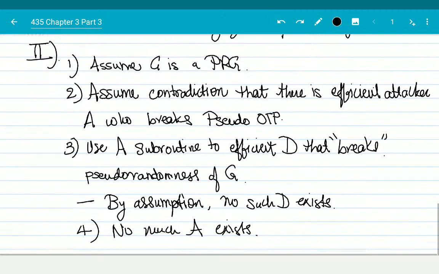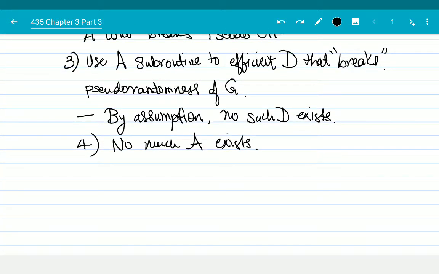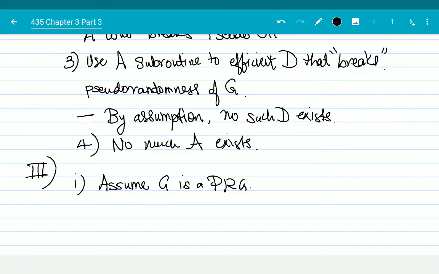Or alternately, it's just modifying this method. Method 3. One, assume G is a pseudorandom generator, PRG. So this method is a combination of both of the previous methods. Second, fix an arbitrary efficient A attacking the OTP scheme, pseudo OTP.